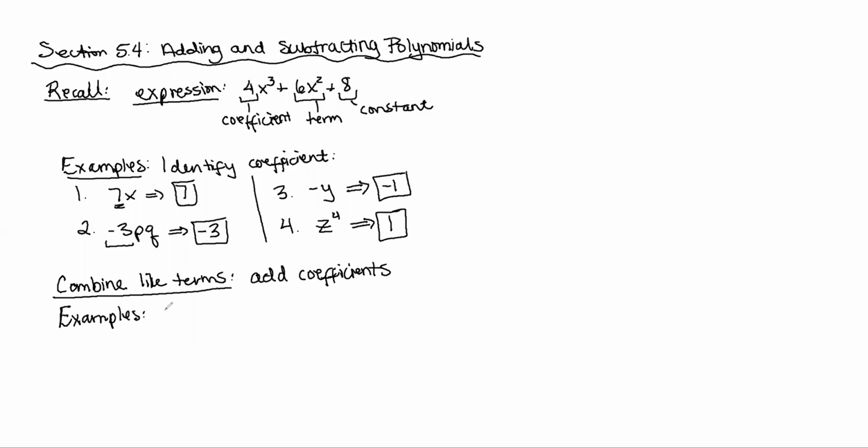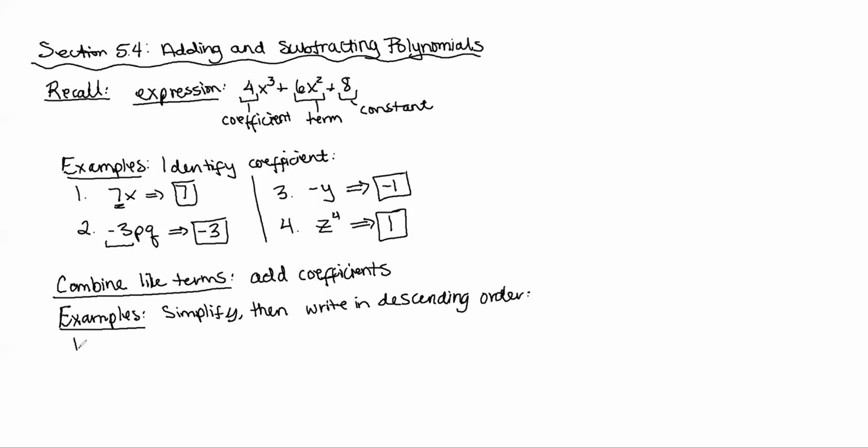And so for these examples, we're told to simplify, then write in descending order. So descending order is something we won't always be asked to do, but we're going to practice it with these just so we know what it looks like.